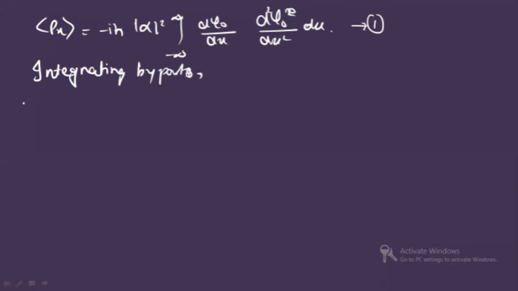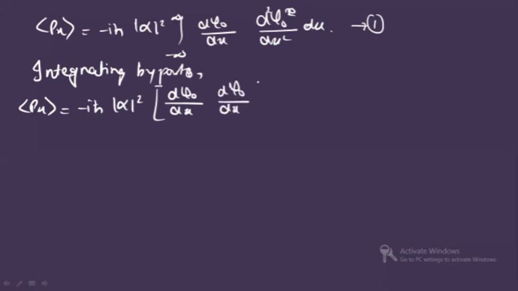Now if you see, when you do integration by parts, the expectation value of p_x is minus iℏ mod of α squared. This I'm considering u, this I'm considering v. So u is as it is, and you will have the integration of v. So this is dψ₀/dx on integrating, right? Limit is minus infinity to plus infinity, minus the integration.